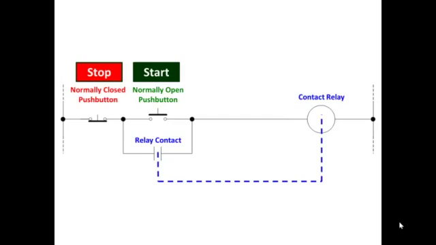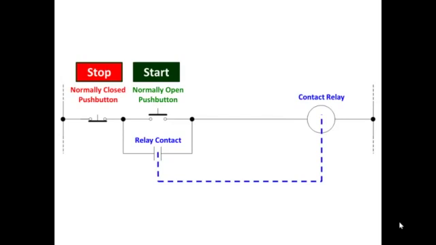We don't do this anymore. I threw it in here just to emphasize that that contact is controlled by that relay coil. So if you energize that relay, that contact is going to close. If you de-energize the relay, that contact is going to open.